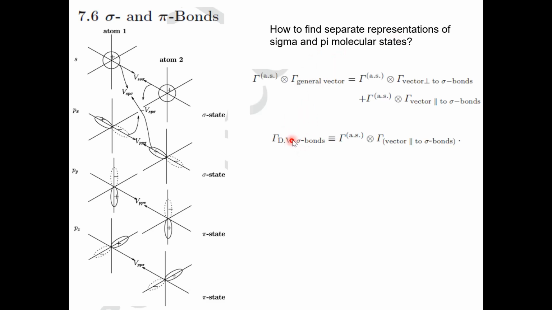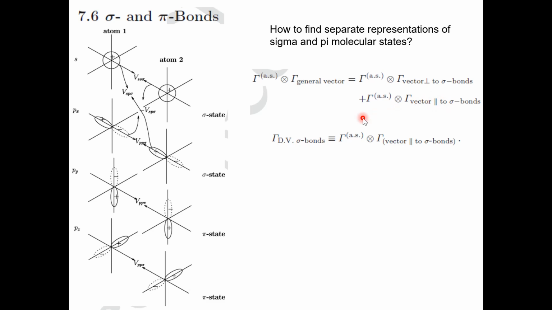Okay, so the recipe is what I have discussed already. You make the direct product of the equivalence representation and the vector representation, and then you try to separate it in two parts. So you try to separate the vector representation in components: one component perpendicular to the bond and another component parallel to the bond.